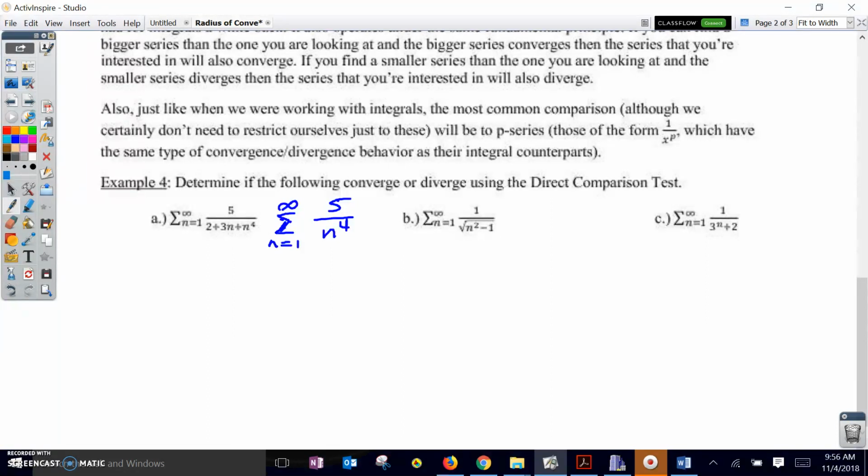So now all I would need to do, since we know that this series converges, is show or argue that 5 over 2 plus 3n plus n to the fourth is less than or equal to 5 over n to the fourth.